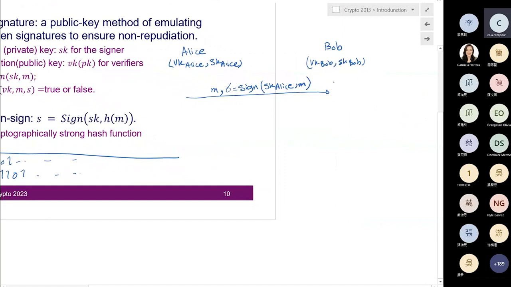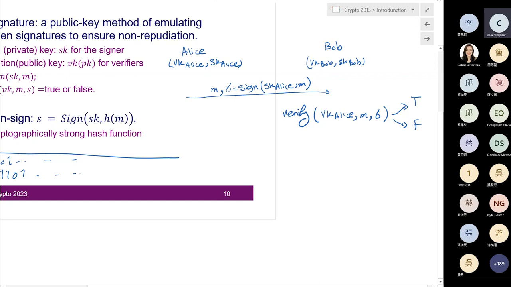So once Bob received this, Bob can go ahead and run the verify algorithm. The verify algorithm would take the verification key of Alice, which he downloads from the public repository, the message M itself, and the sigma. And then the result of this is either true or false. That's all it returns.